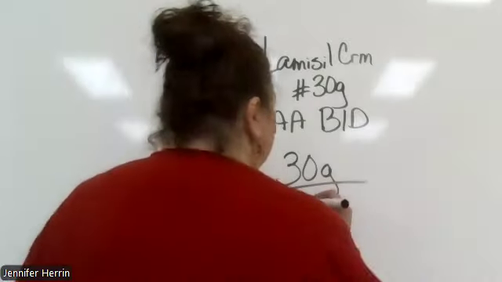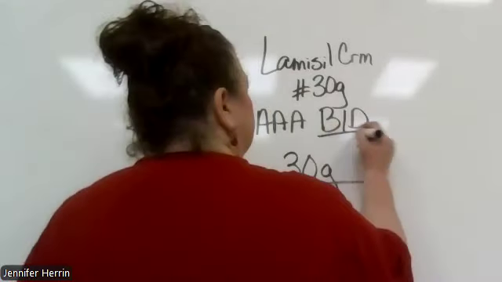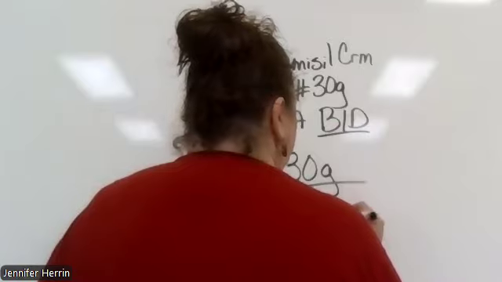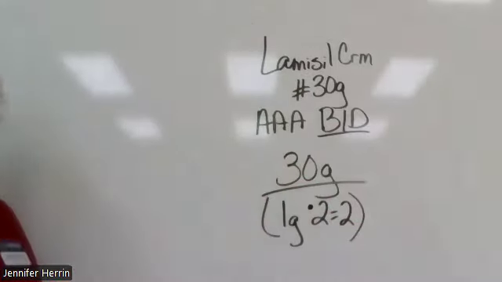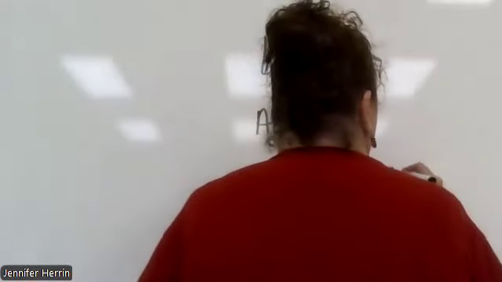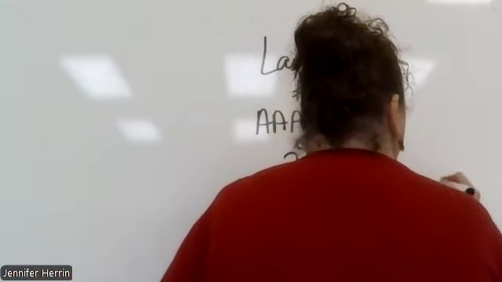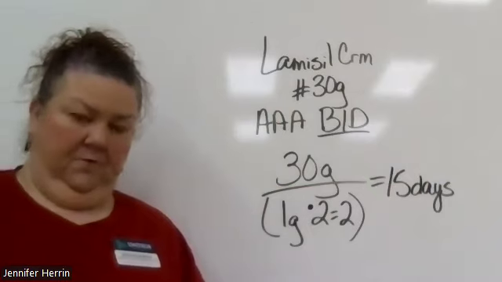So that is my dose. What's my frequency? BID, and that is twice a day. So 1 times 2 is 2. So 30 divided by 2 is a 15-day supply.